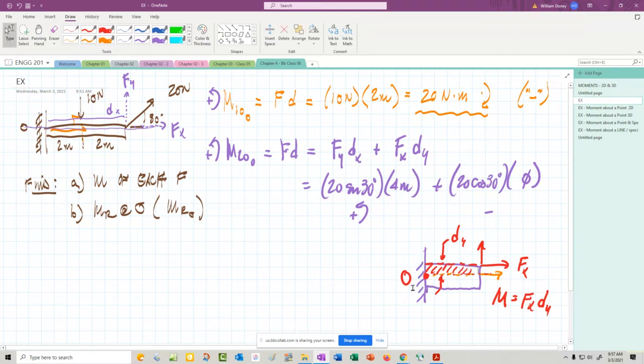So how are you going to know that on an exam? Which one do you use? If you're given the dimensions of this beam, then you can look at the offset of that force and whether it's going to create a little micro moment there. Since we are not given any information about the thickness of the beam in this problem, we would ignore that moment.